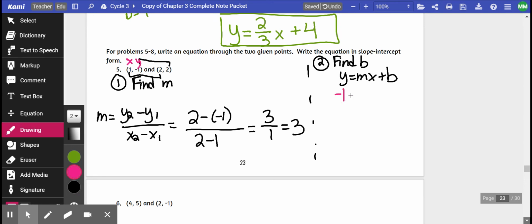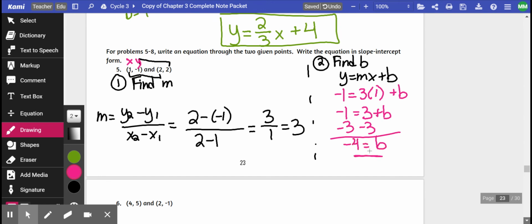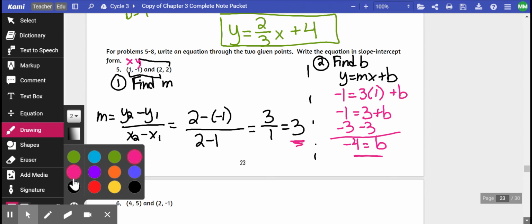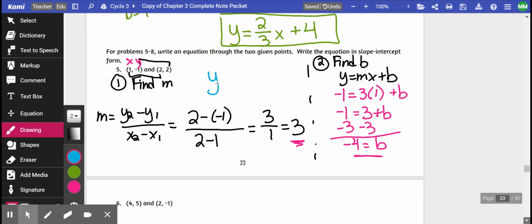So I have -1 equals 3 times 1 plus b. Okay, solve for b. We get -4. Okay, using those two things, write your equation. Y equals 3x minus 4.